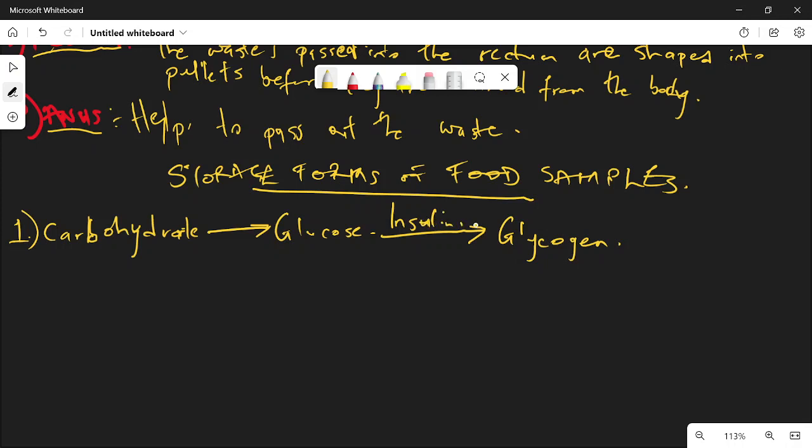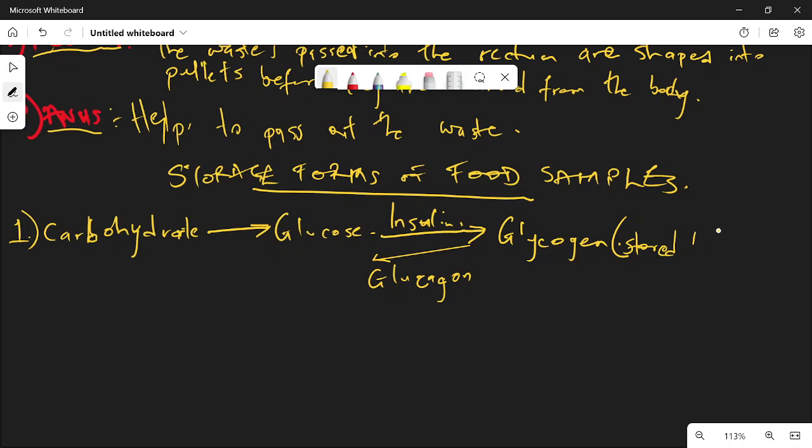Insulin is responsible for the conversion of glucose to glycogen. Are we together? And then when our body needs the glucose, it is converted back to glucose by another enzyme called glucagon.